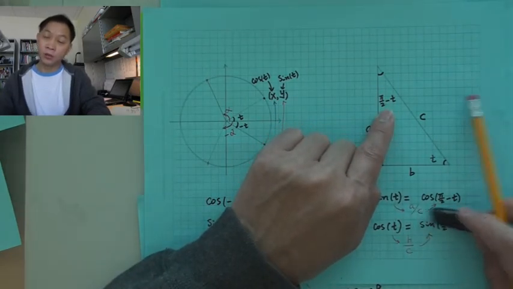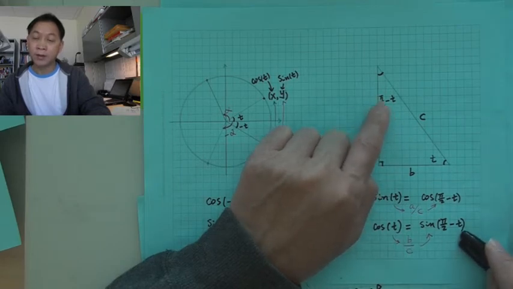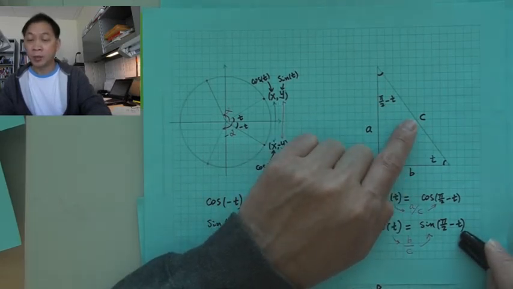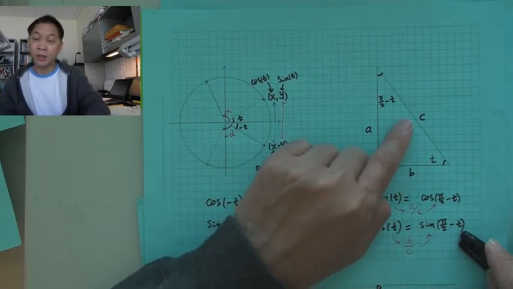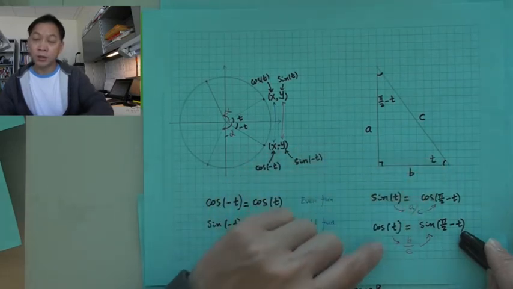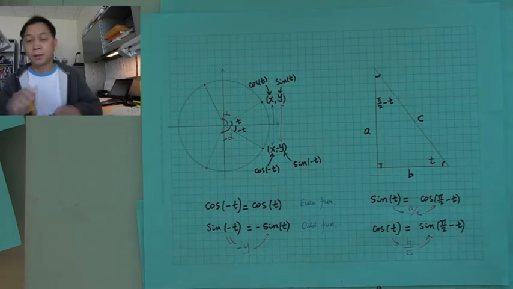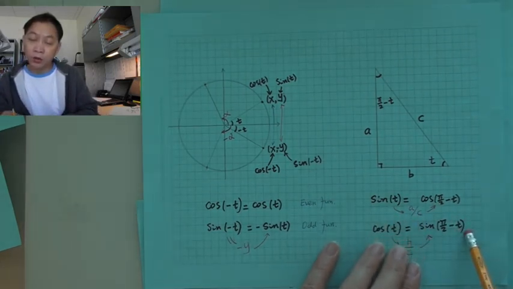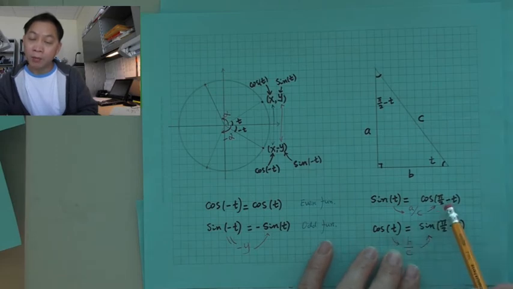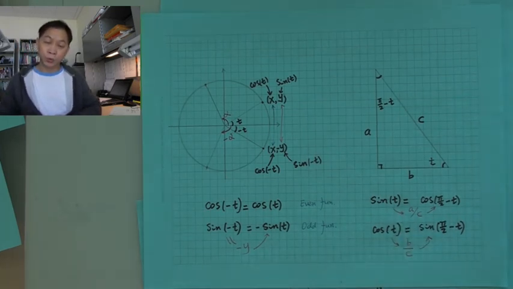That's sine. So you may write sine pi over 2 minus T. That's B over C. And B over C is the adjacent side over hypotenuse, that's cosine T. So these two are the same. So sine pi over 2 minus T is cosine T, and cosine pi over 2 minus T is sine T. That's what I want you to remember.